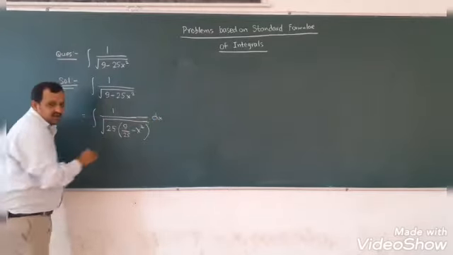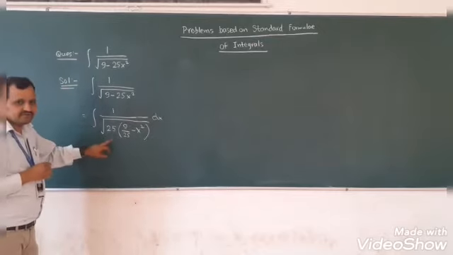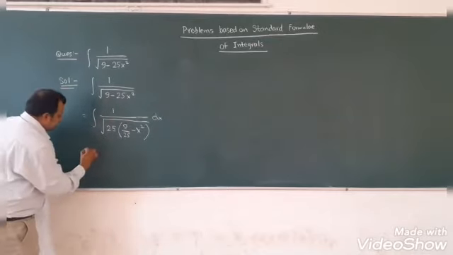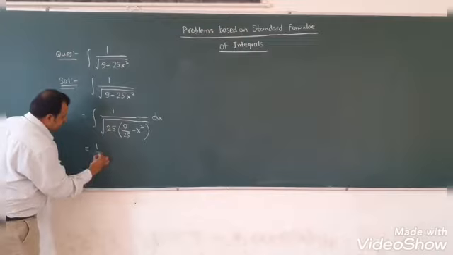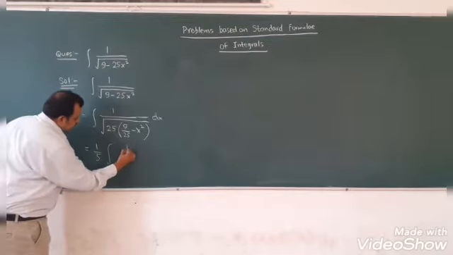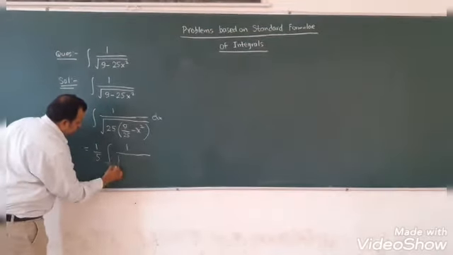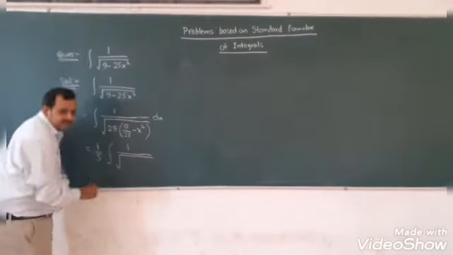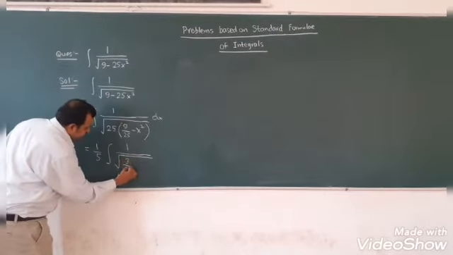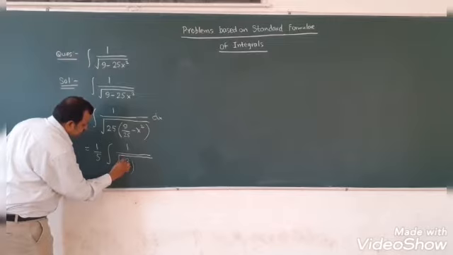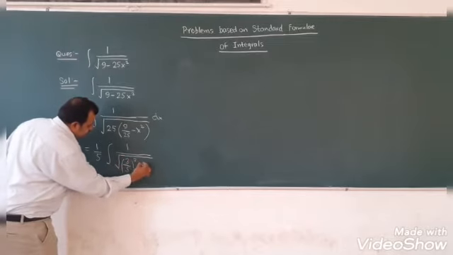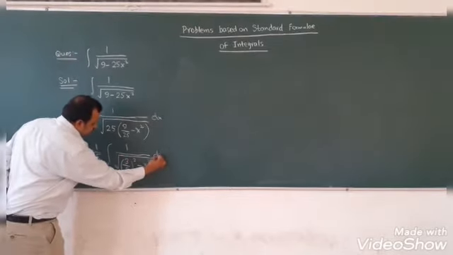dx. Now square root of 25, 5, so it will come outside. So 1 by 5 will come outside. This I can say 1 divided by square root of, this 9 by 25 can be written as (3 by 5) whole square minus x square, dx.